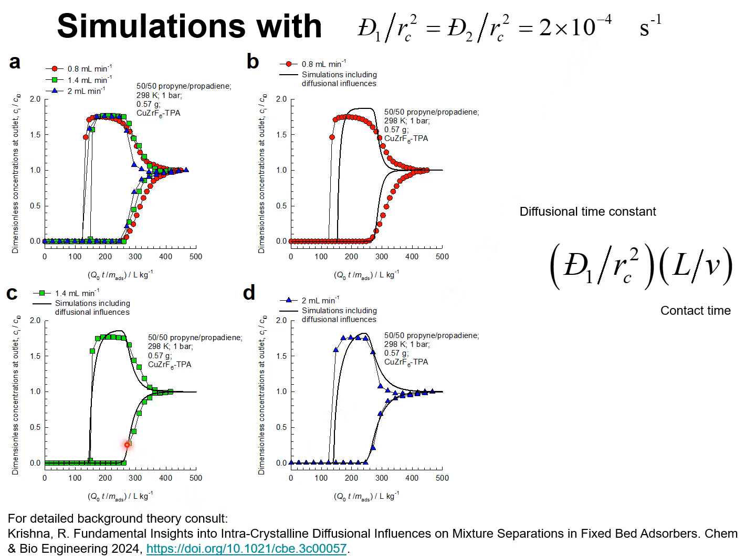The match between experiments and simulations is excellent for 1.4 milliliters per minute, slightly less good for 2 milliliters per minute, and somewhat poorer for 0.8 milliliters per minute.